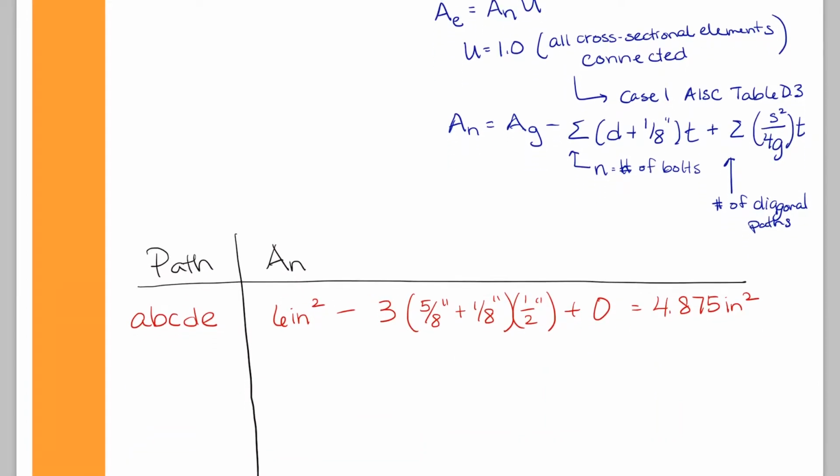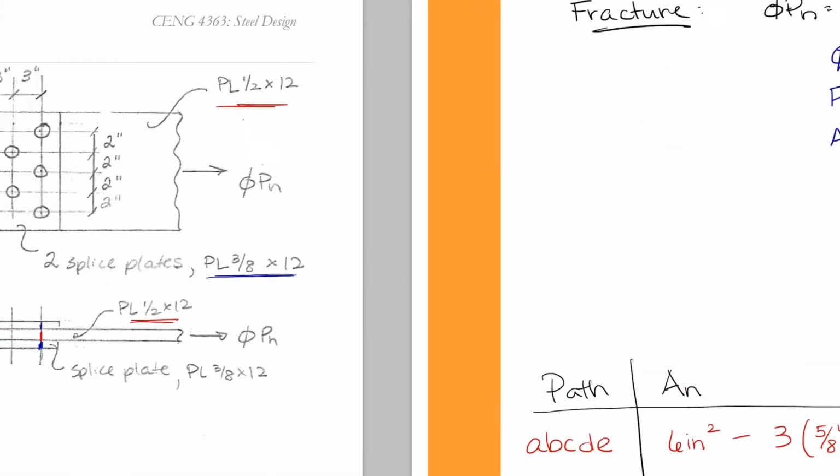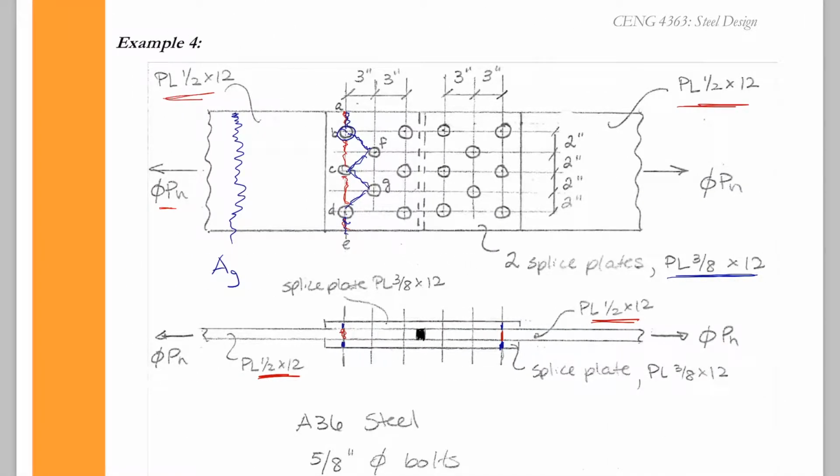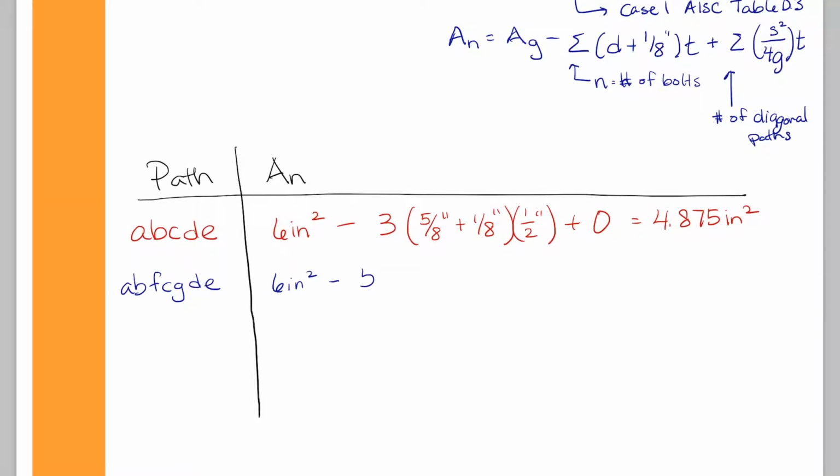So if we want to look at now path AB, FCG, DE, we would say that our gross cross-sectional area is 6 inches squared. Now that path along the width passes through 1, 2, 3, 4, 5 bolt holes. So I subtract out 5 times 5/8 inch plus our 1/8 of an inch times a 1/2 inch.